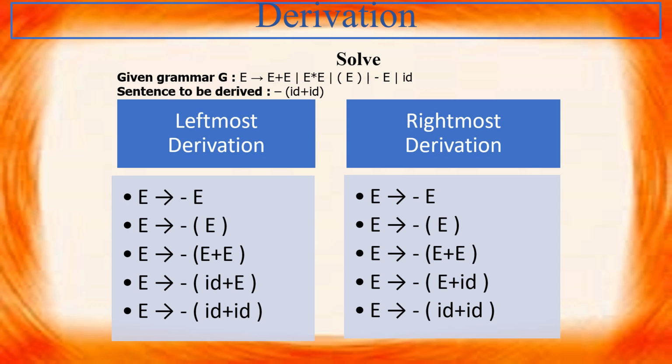So we need to solve using the grammar G: E implies E plus E, or E multiplied by E, or within the brace E, or minus E, or ID.